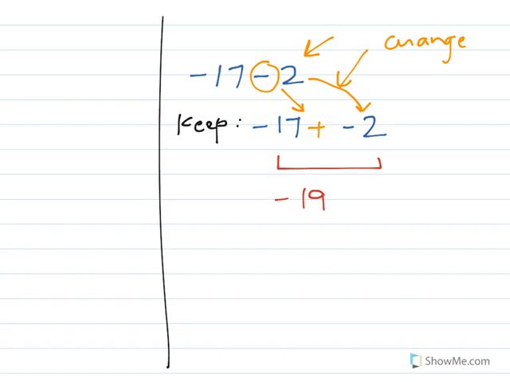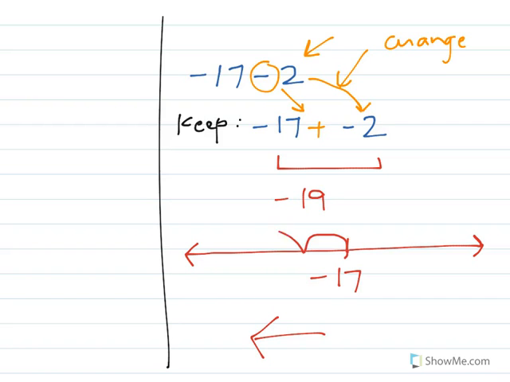In other words, negative 17 minus 2 is equal to negative 19. And that makes sense if you look on a number line. What this is basically telling us to do is to start at negative 17 and move to the left 2 spaces. Negative 18, negative 19. That's where our answer came from.